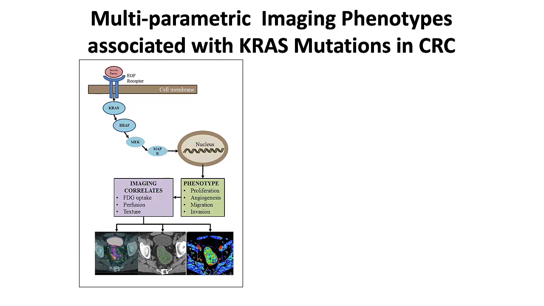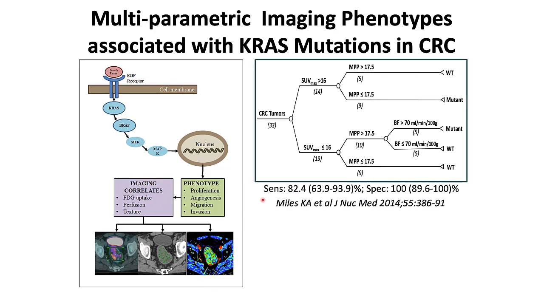So in terms of the differences between genotype and phenotype, I'll go back to the MAPK pathway, but this time in colorectal cancer, and a particular study that looked at FDG PET, texture analysis, and perfusion in rectal cancer. And the intention was to identify mutations in the KRAS gene, which are relatively common in colorectal cancer.